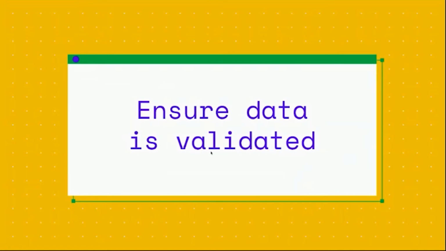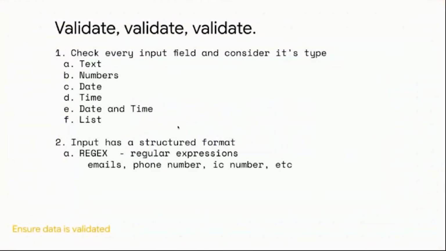Okay. So one very, very important step in any form design is to ensure that the data is validated. You can go through this by checking every input field and thinking about what their basic types are. It can be a string of text, numbers, date, time, or date and time, or a list of options.